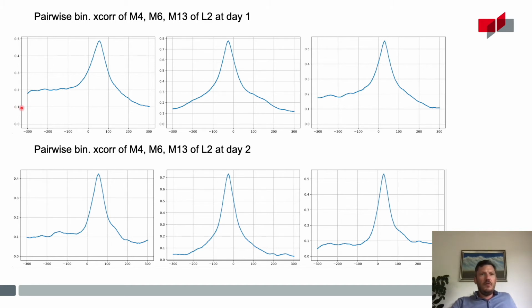And what comes out is a typical cross-correlation picture by applying the cross-correlation computation for different shifts. So this, for example, is the result of the cross-correlation of the binary time series, shifted from minus 300 to plus 300 seconds between the machines 4 and the machine 6.